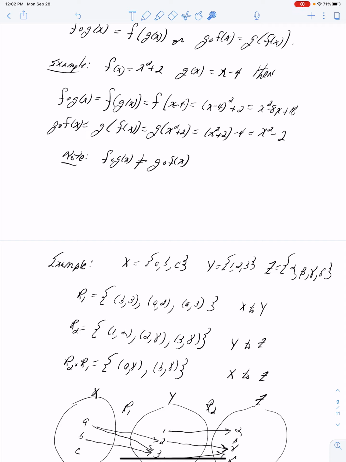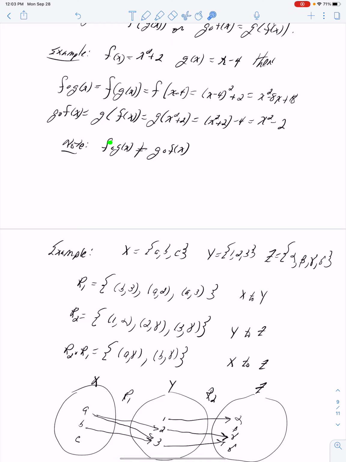The answer is it is f of g of x, or f of x minus 4, or (x minus 4) squared plus 2. And when you clean things up, I think you get x squared minus 8x plus 18. Notice g circle f of x is g of f of x, which is g of x squared plus 2. And plugging x squared plus 2 into g gives me x squared plus 2 minus 4, or x squared minus 2.